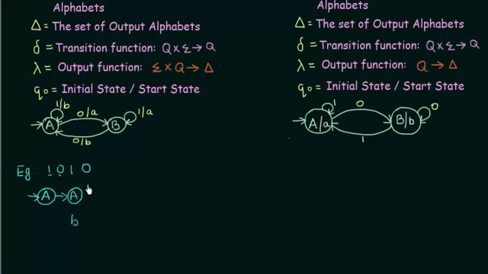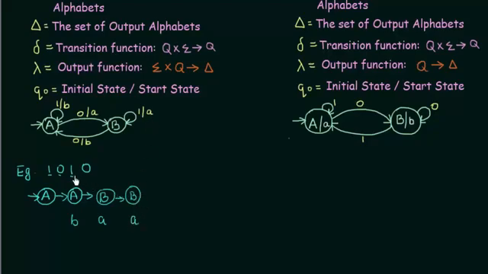Now come to this one, 0. We are in A now. A, on getting input 0, goes to B, and as it goes to B, it produces output small a. Now we are in B, and the next input we get is 1. B, on getting input 1, goes to B itself, and it produces output small a.